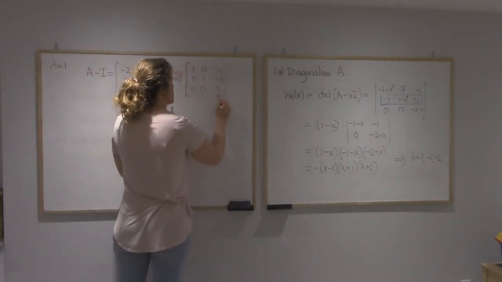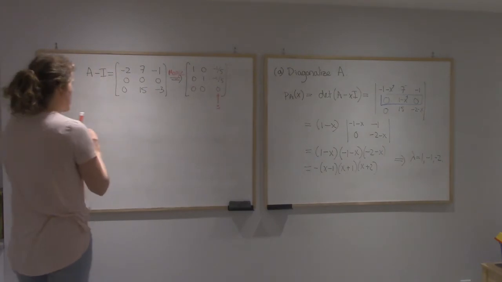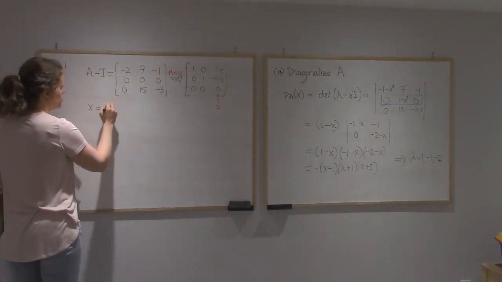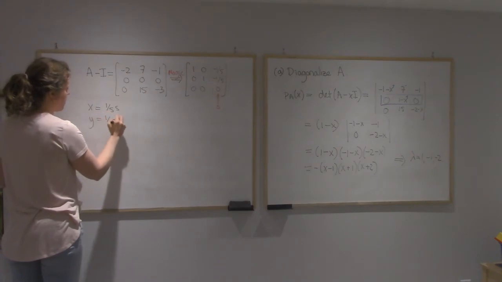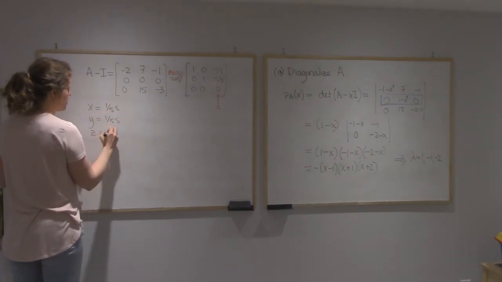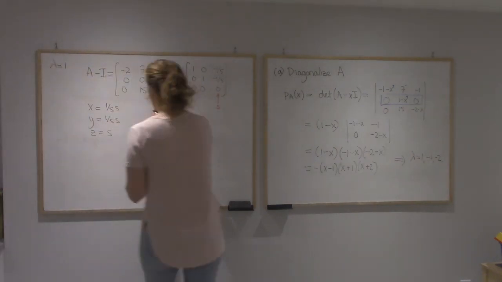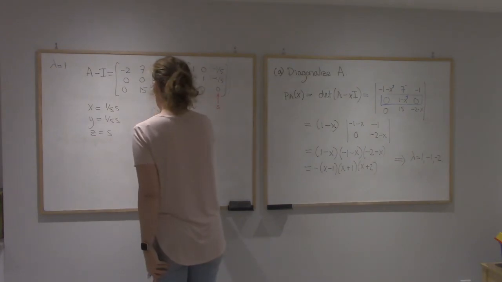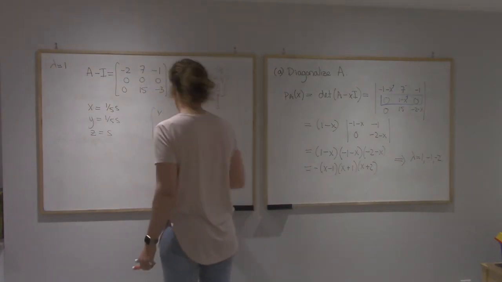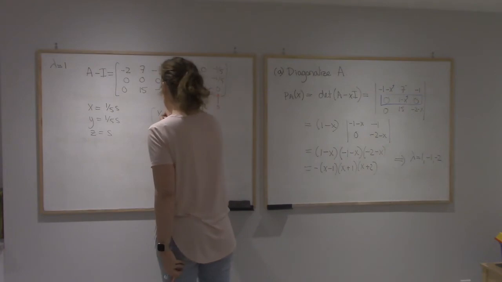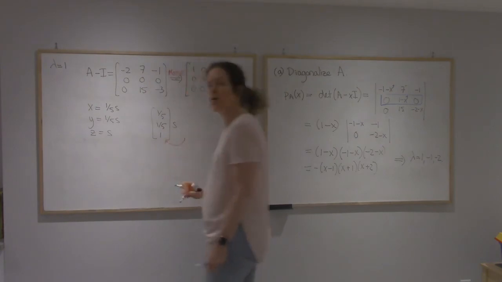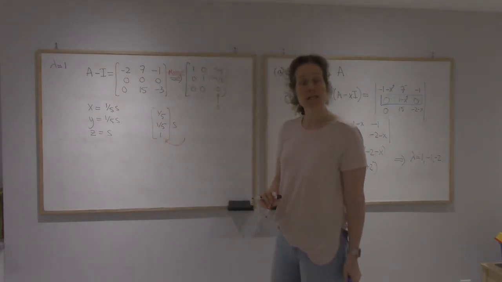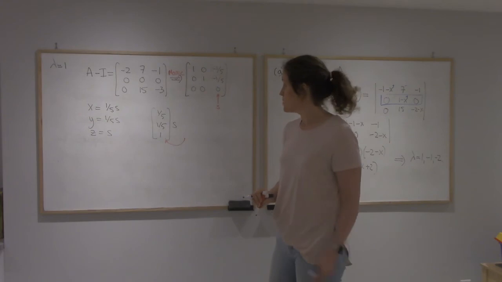So let's say this is s. I'll have x equals 1/5 s, y equals 1/5 s, and z equals s. So this would give me 1/5, 1/5, 1 times s. And so that's going to be my basis for this eigenspace.